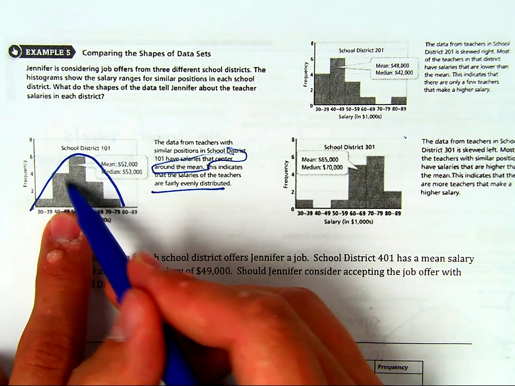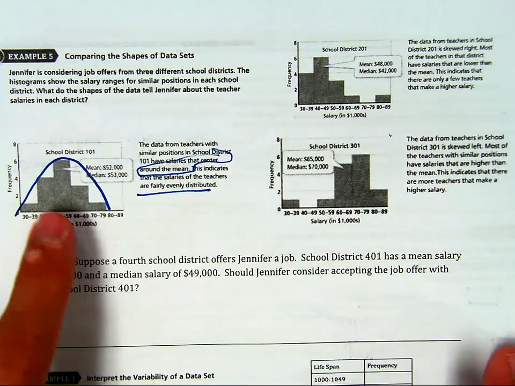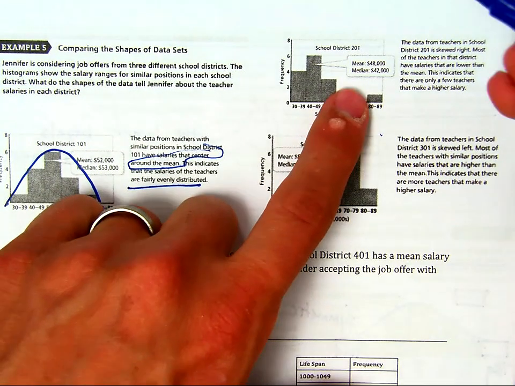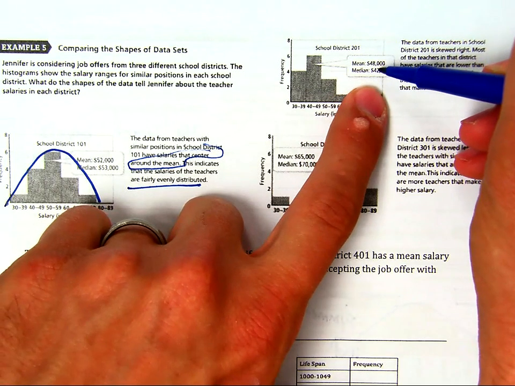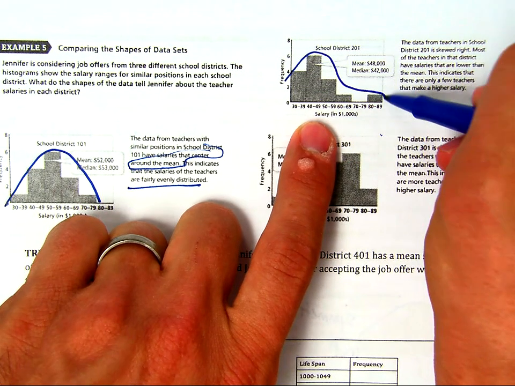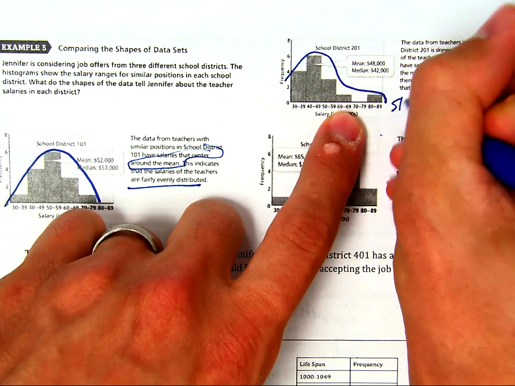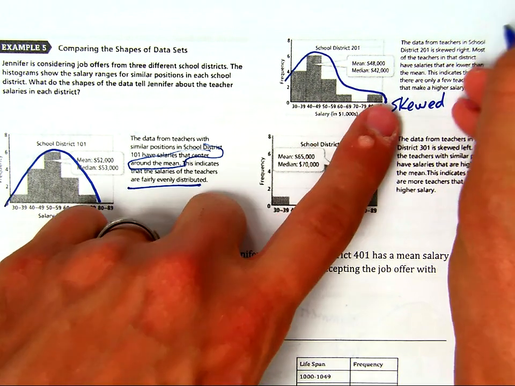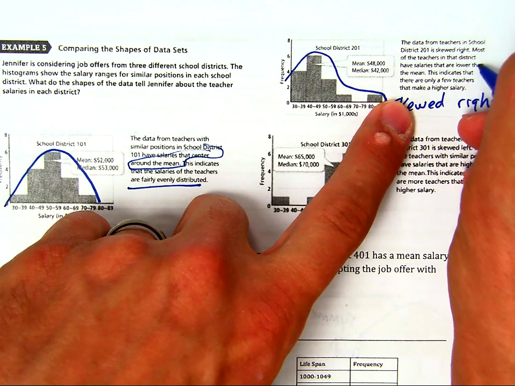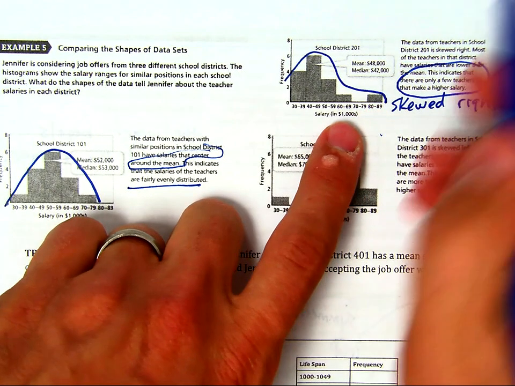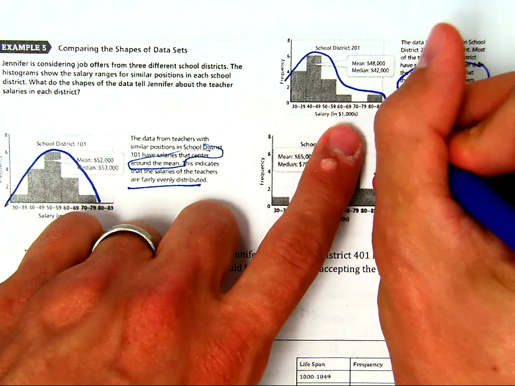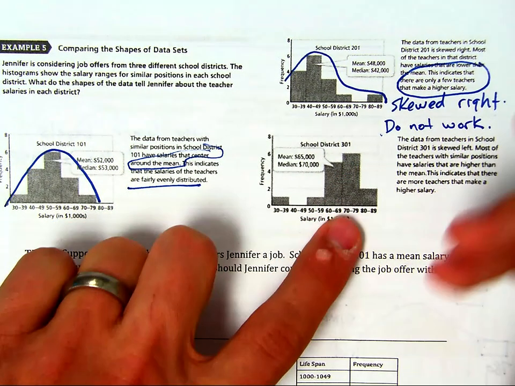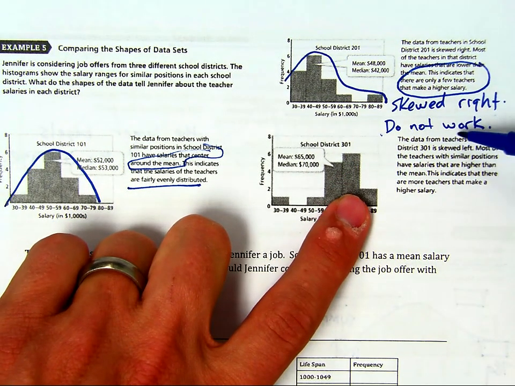Okay, over here, okay, the mean is 48, the median is 42. But notice that the salaries, these are skewed right. Okay, so this indicates that there are only few teachers that make a high salary. Right, so she would not want to work here. Okay, and here the data from teachers in school district 301 is skewed to the left.